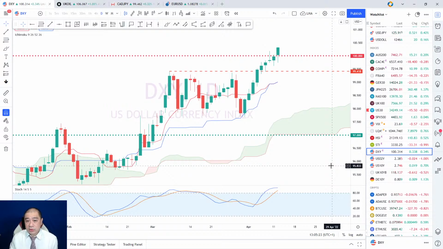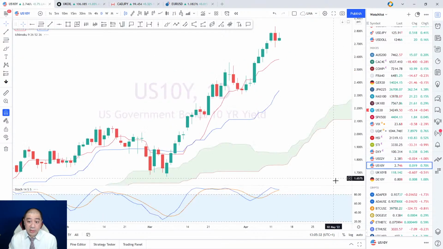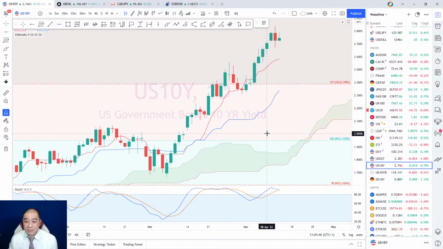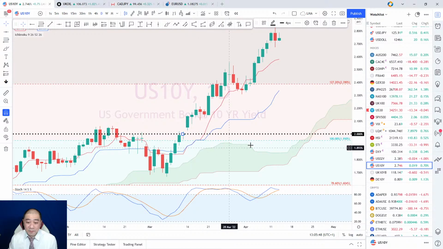We want to see how strong the US dollar is, what are the things you need to be cautious about, and let's take a look at the 10-year yield. This has actually reached 2.8. Now, I did mention earlier in the month we were looking at whether or not the yield is going to break above 2%. We are way above 2%. 2% is just down there. We're past that.